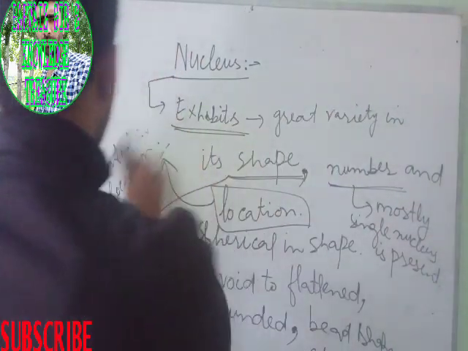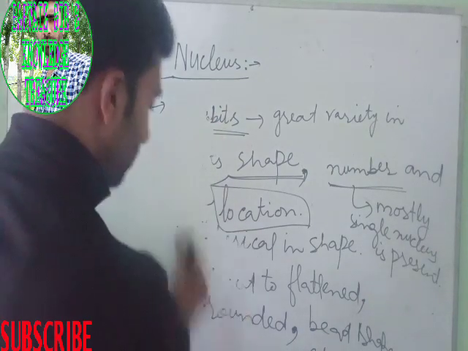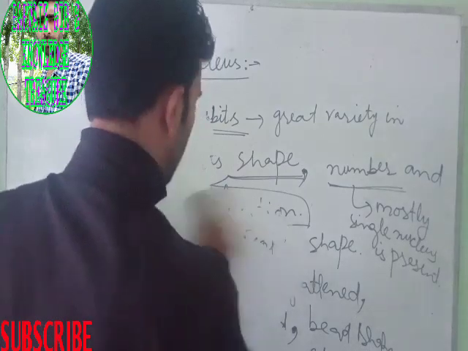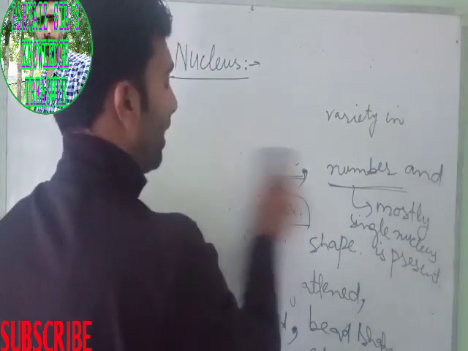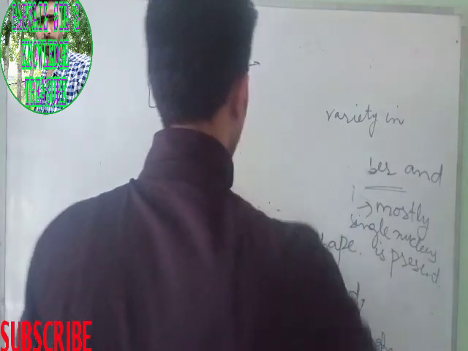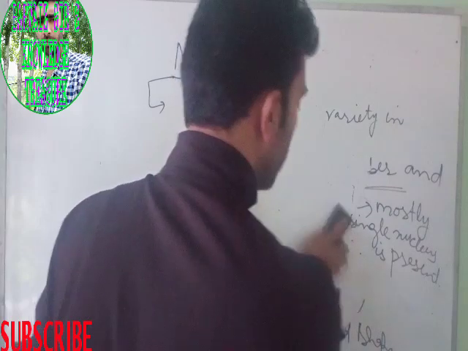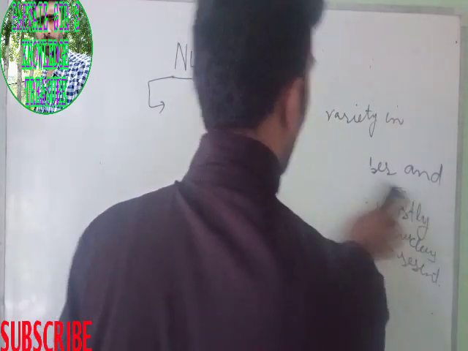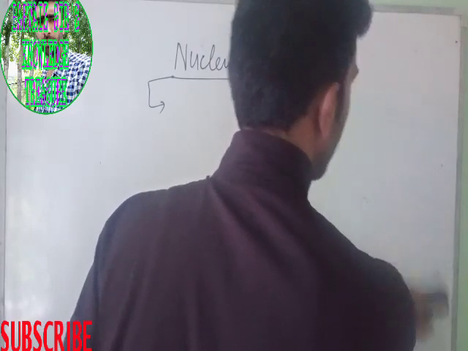Now we will talk about the structure of the nucleus. Under an electron microscope, the structure of the nucleus can be divided into 4 parts. That means we can say the nucleus of a cell is made up of 4 things.